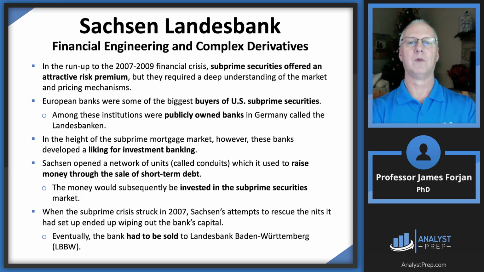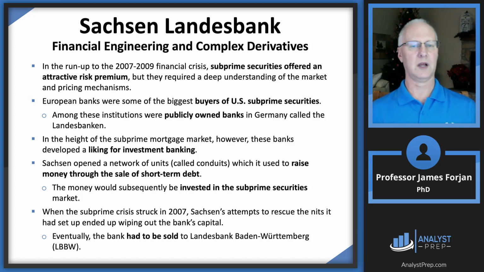Now, the problem with this Landesbank was that it opened a network of what it called conduits. And what it did, these conduits raised money through the sale of short-term debt. So imagine issuing a relatively short-term security like a 6-month bill or maybe a 2-year note, taking the proceeds and then investing in these subprime securities over in the US.